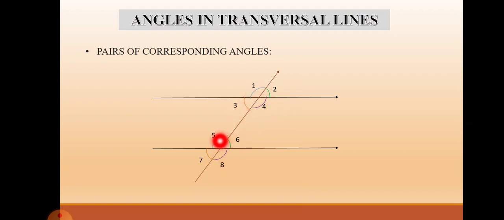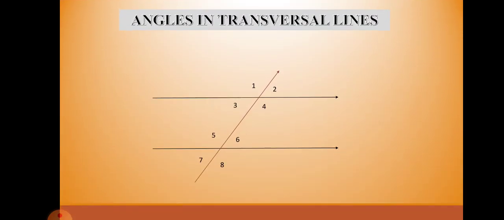So 1 and 5 are above the parallel line on the left, 3 and 7 below on the left, 2 and 6 above on the right, and 4 and 8 below on the right. Like that you get 4 pairs of corresponding angles: 1 5, 2 6, 3 7, 4 8.